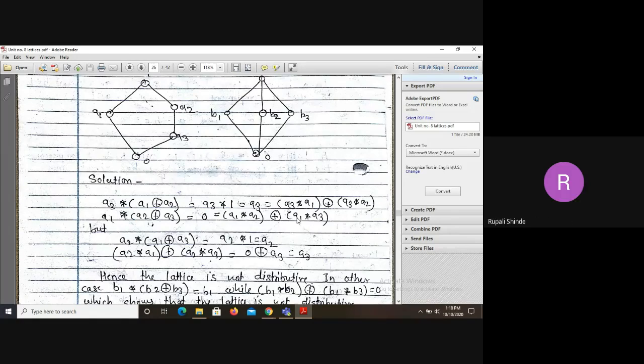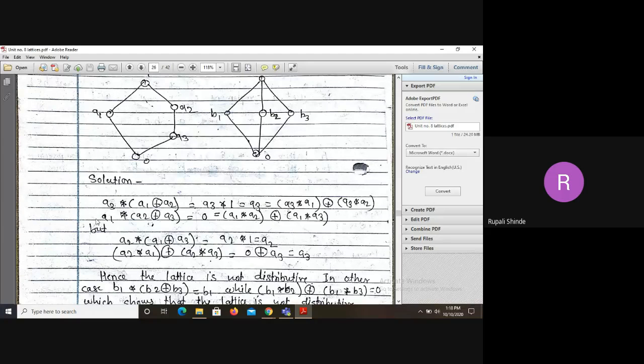And A1 * A3: the greatest lower bound of these two elements is again 0. So we got the value of LHS as 0, and the value of RHS is again 0. So we can say that LHS is equal to RHS.